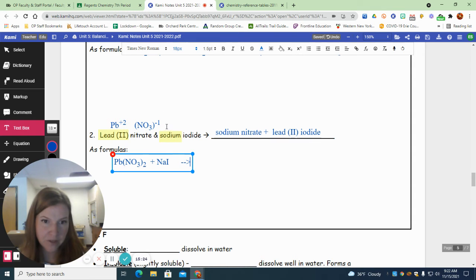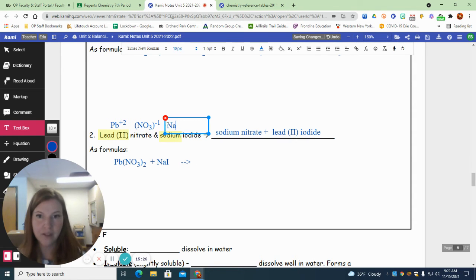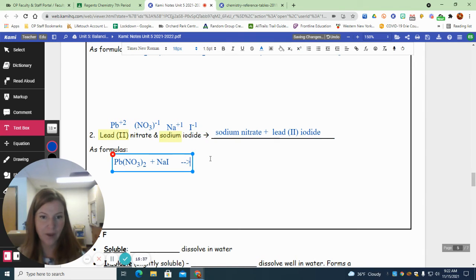I know that because sodium is an alkali metal. It's a group 1 metal, so it's Na+1. And iodide is iodine -1. It's a halogen. Okay, so then when I do my swapping, we have NaNO3. Na is a +1, NO3 is a -1, so don't get any subscripts. And we have PbI2.